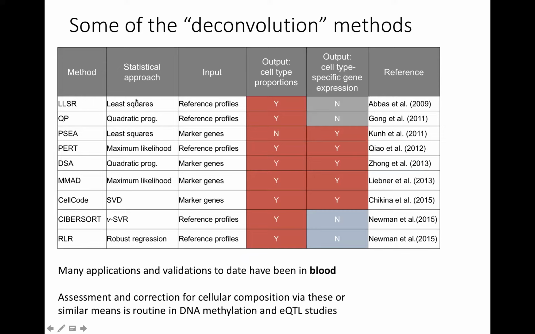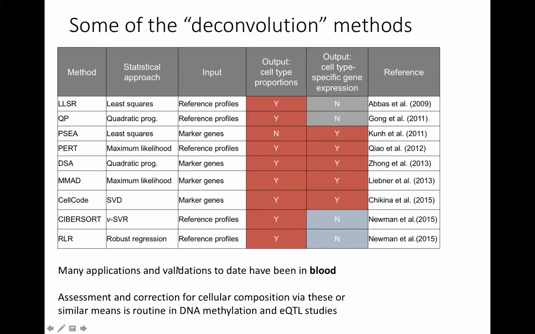They use a variety of statistical approaches, but they're all basically trying to come up with a model based on marker genes or reference profiles that can be used to explain the bulk tissue data. The parameters are going to be weights for each cell type, and those weights are somehow related to the proportions.